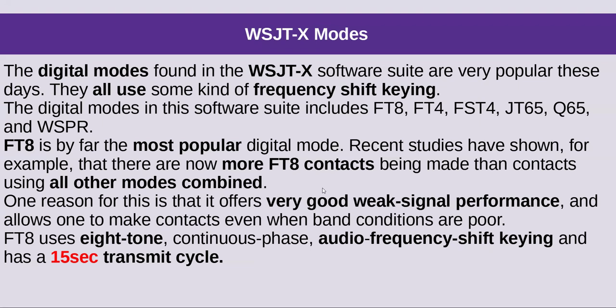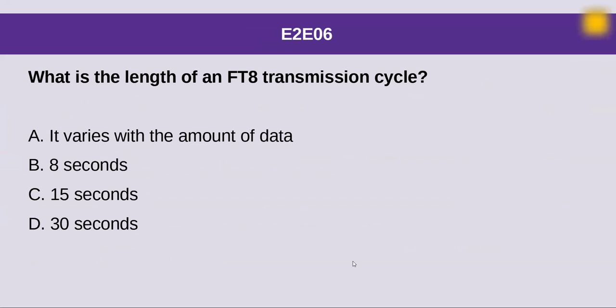A lot of times there will be people on the opposite time slot that you're not seeing. If you switch, you might find other stations that are there you just didn't see because you're transmitting at the same time that they're transmitting. So what is the length of an FT8 transmission cycle?